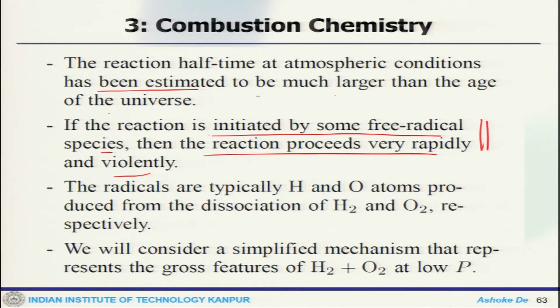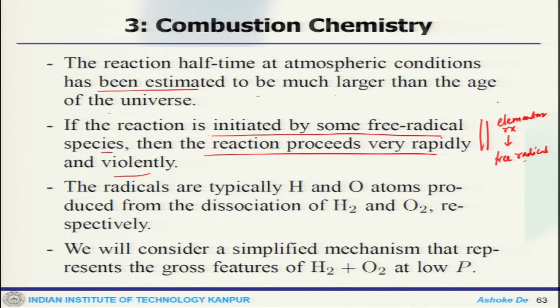So, this is where the elementary reactions become important, where you get these free radicals, because any free radical is quite reactive in nature. As soon as they are formed, they have a tendency to go towards some stable product and try to react with that and then form more radicals or some other product.